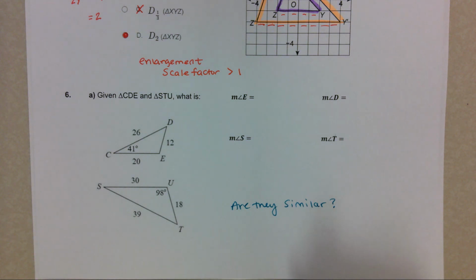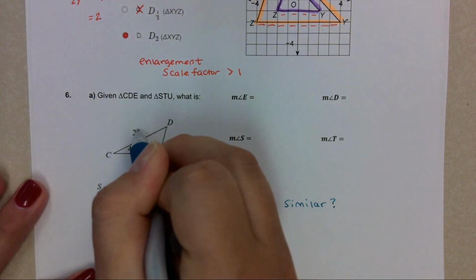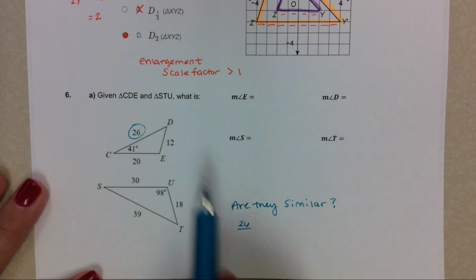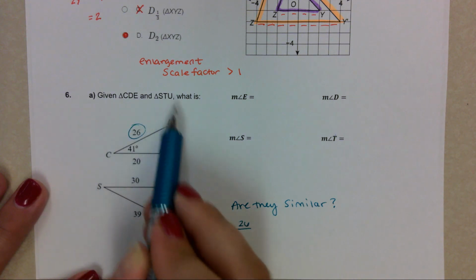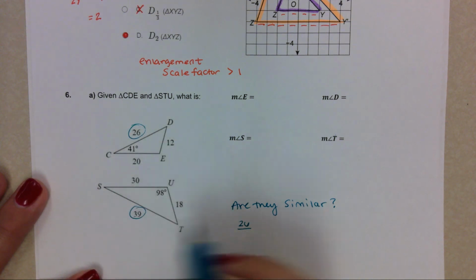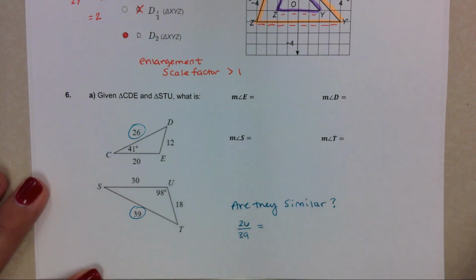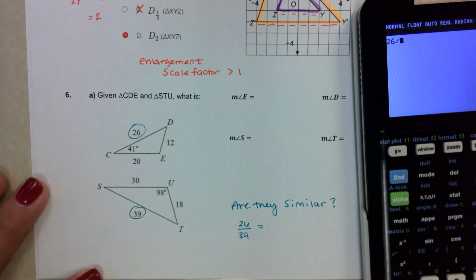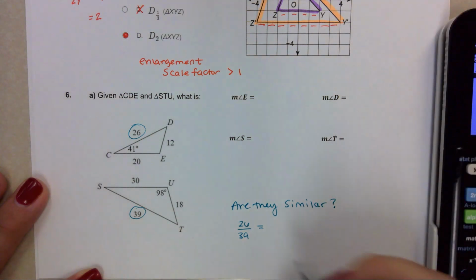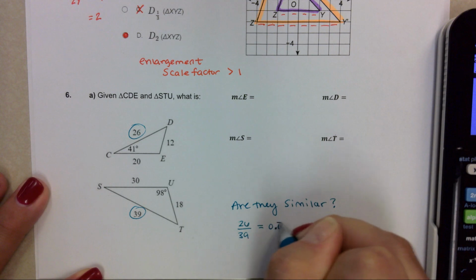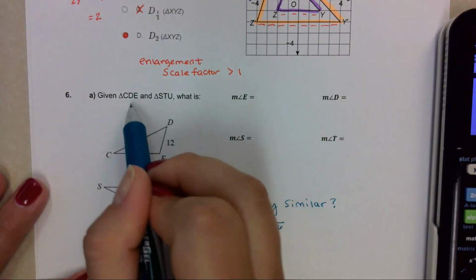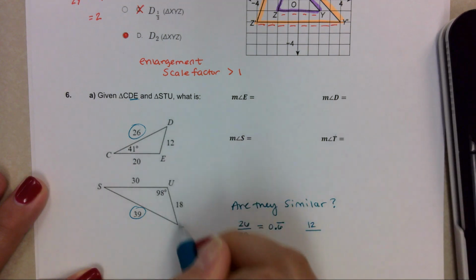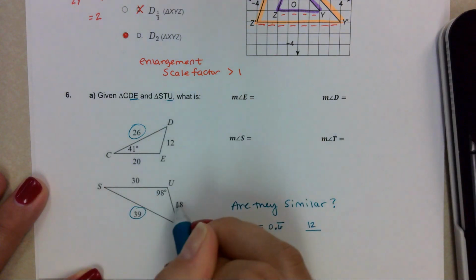All right, so I'm going to start with side CD, which is 26, over what I think is the corresponding side ST, so 39, yep. And if I divide those two numbers, I get 0.6 repeating. Then I'm going to look at DE, which is 12, over TU, which is 18.